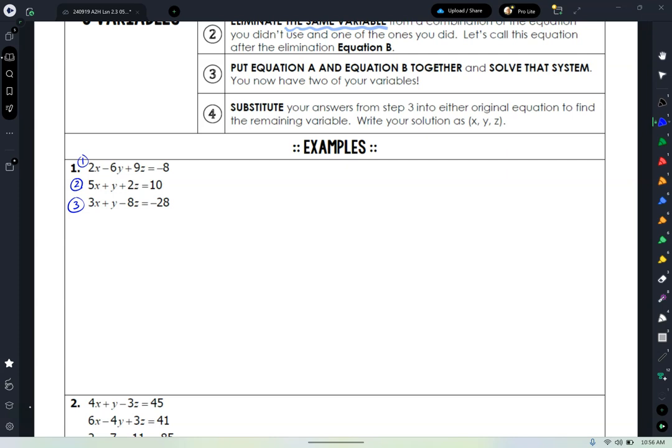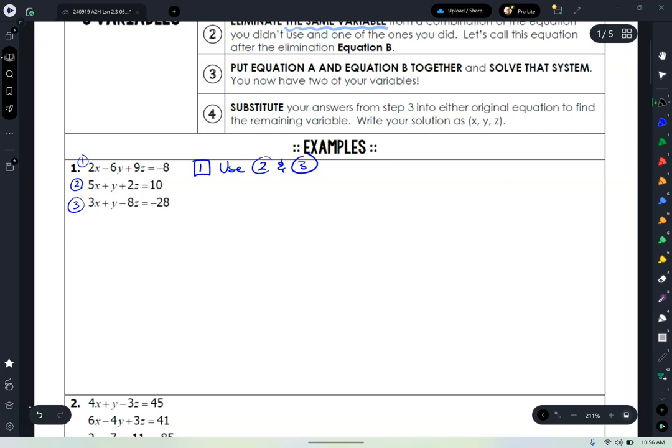Which one should I use? Yeah, 2 and 3 seems reasonable, right? We can easily get rid of a y. All we have to do is multiply one of them through by -1. So let's do that. Just so that we're clear, and if you want to box this in like step 1, we're going to use equation 2 and equation 3.